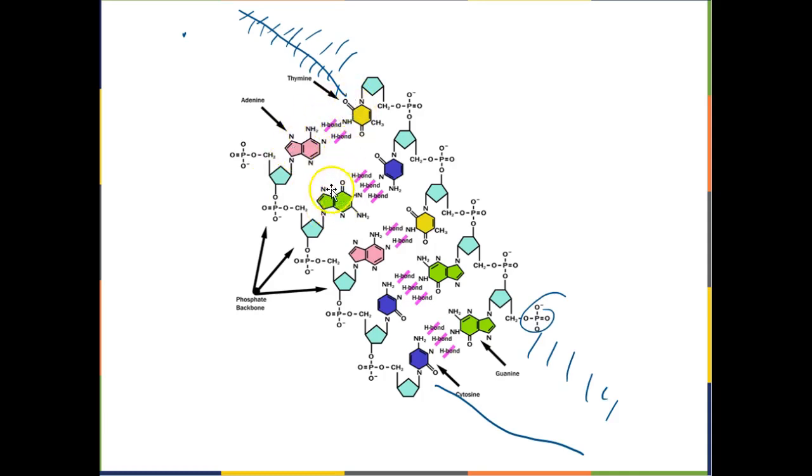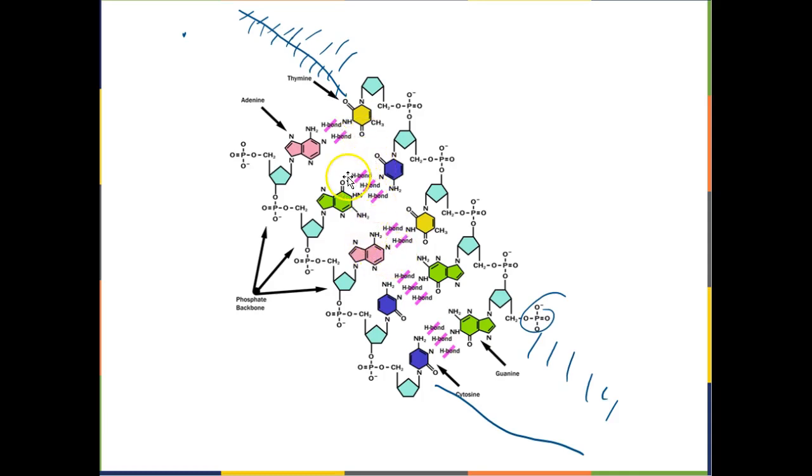If you try to put a double-ringed nitrogenous base in a nucleotide opposite another double-ringed one, so if you tried to put guanine here opposite adenine, G across from A, they're too big, they just wouldn't fit.